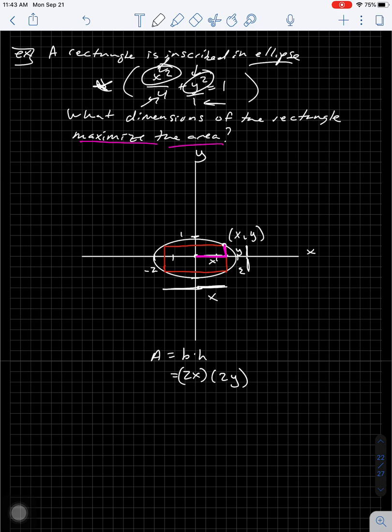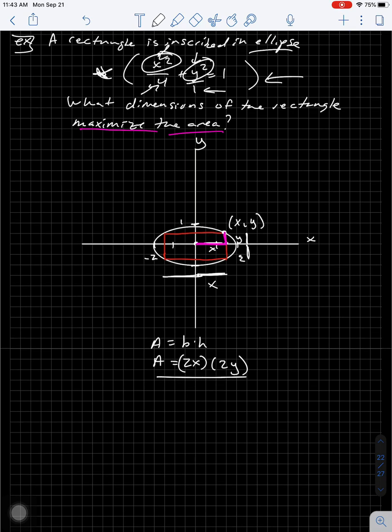Now, you can choose to label this differently, but then that's going to affect this equation. So how you choose to label one doesn't matter. You can do it however you want as long as you're consistent in both of your equations. All right, so here we go. This is my maximizing equation.